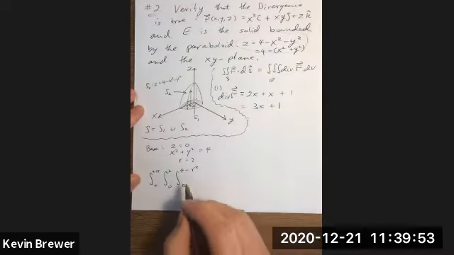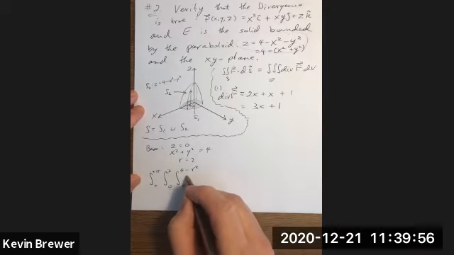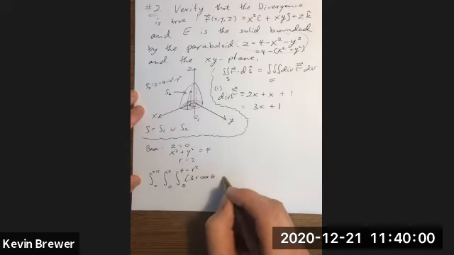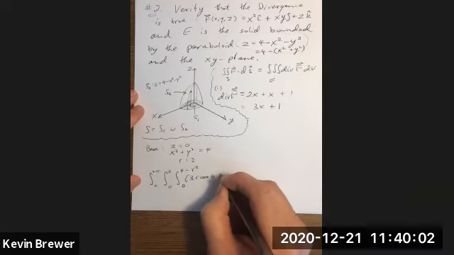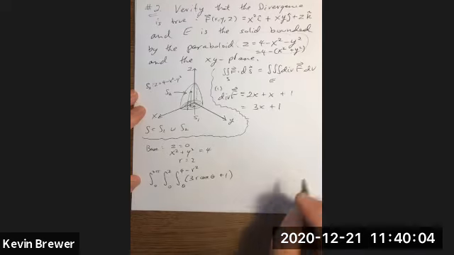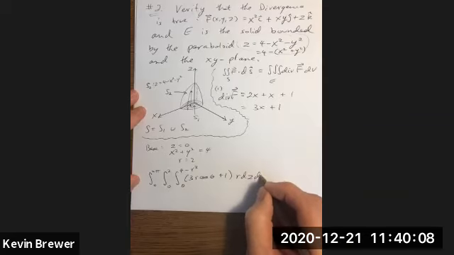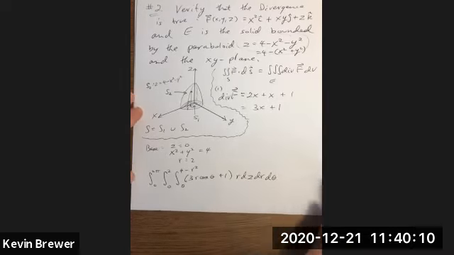And then we're integrating 3x plus 1. So that's 3r cosine theta plus 1, and then r dz dr d theta.